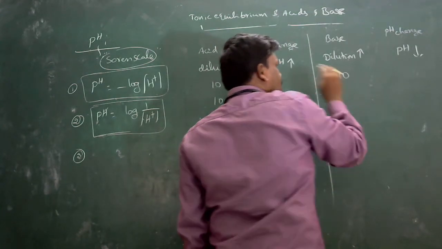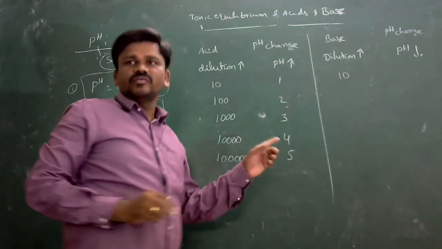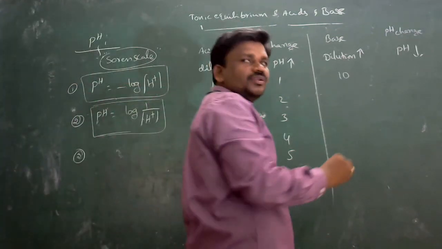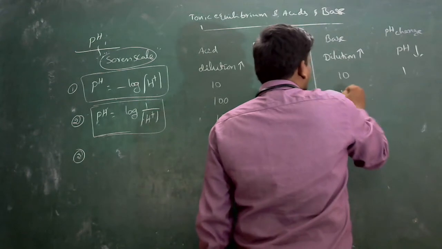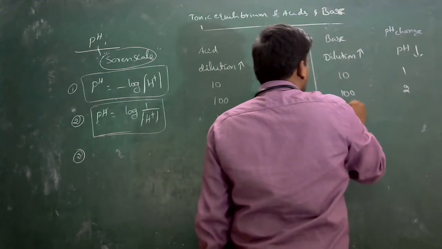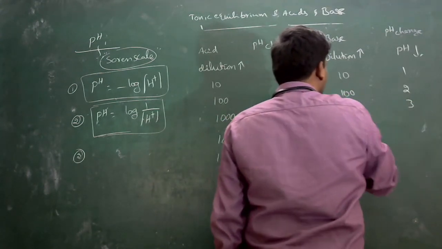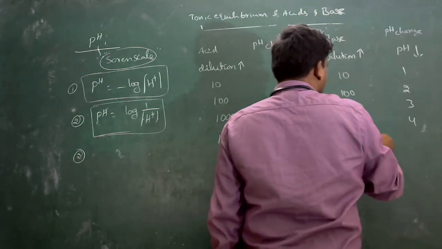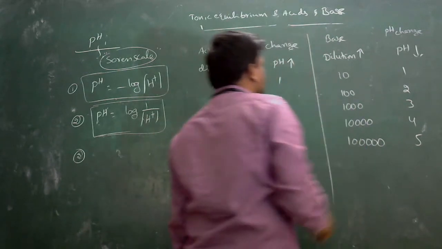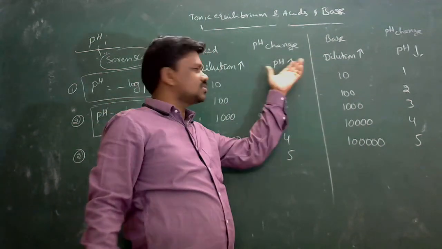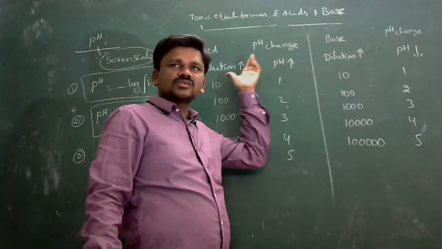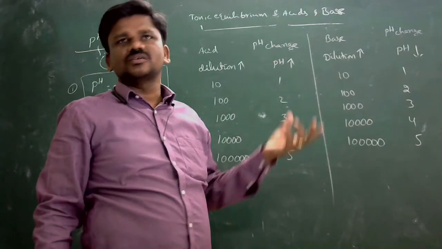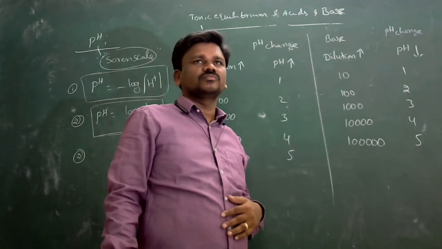In case of base, for every 10 times dilution, the pH value is decreased by 1 unit: 100 is 2, 1000 is 3, 10,000 is 4, and similarly another one is 5. In acids and bases, the difference in pH: in case of acid, the pH value increases; in case of base, the pH value decreases.